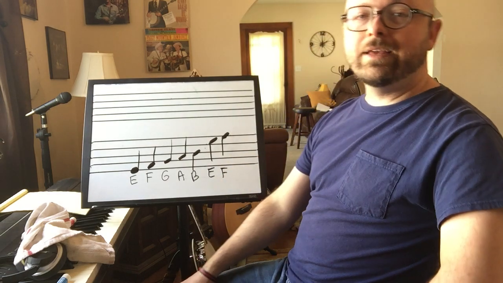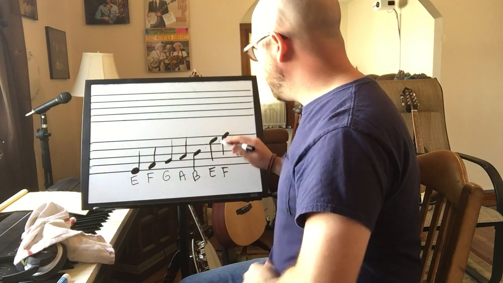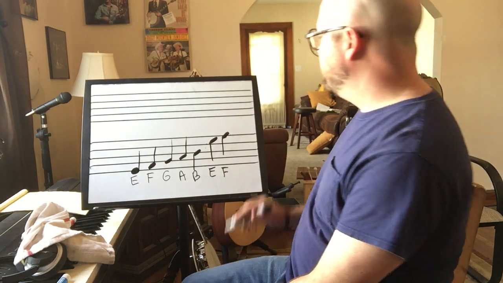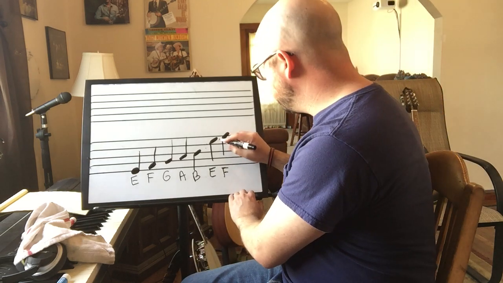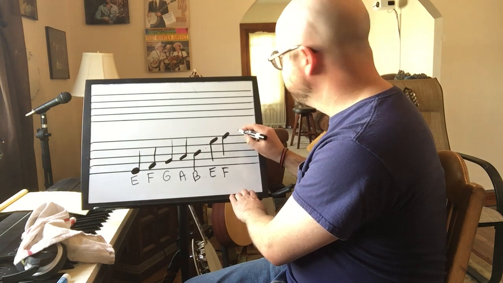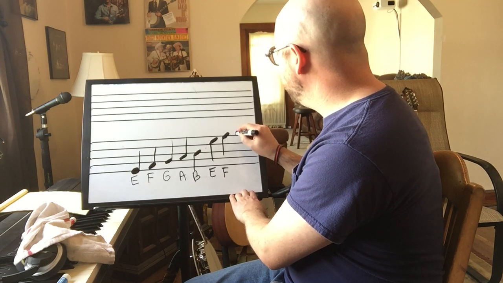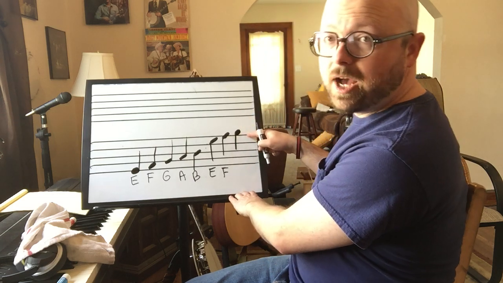Now, I think we've probably talked about this a little bit last year, but I want to keep going up higher. But we've run out of lines. So we've got space, line, what's the next one going to be? It's going to be a space. Now, that's going to set on top of the top line.